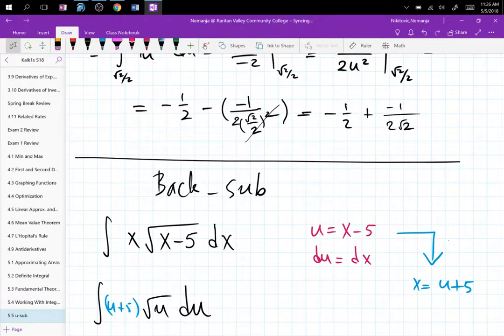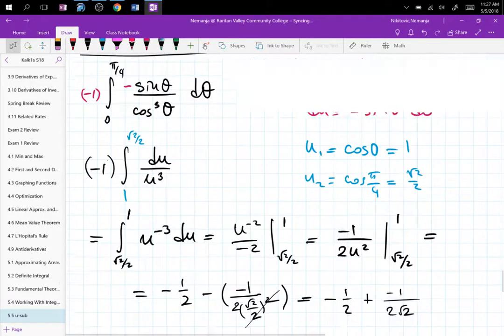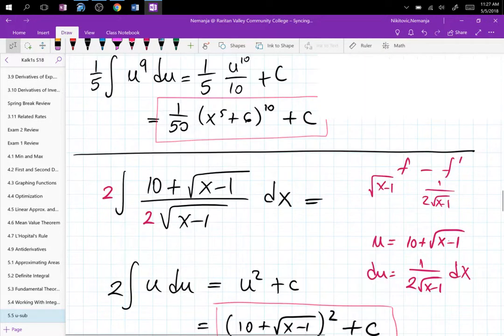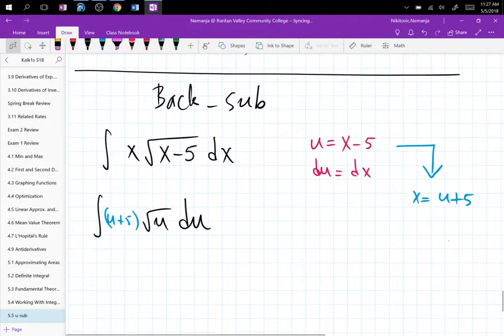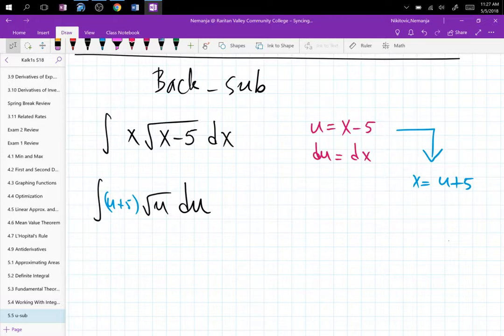See the black line over there, middle of the screen? Stuff above that line is 90% of your problems from this day on. 90% of your integration problems are going to be something from what we did. Now, these guys are very rare, but when they pop up, this is the way to do them.